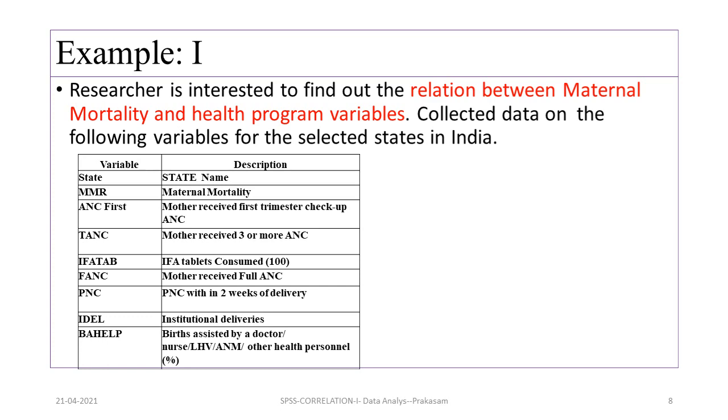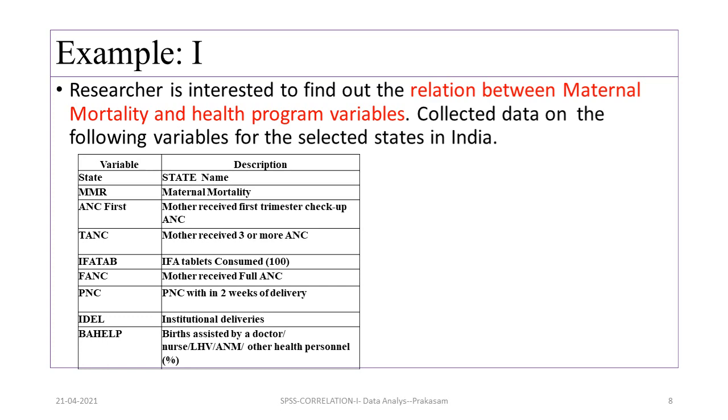Another one is maternal mortality; ANC first, the women who had a first trimester checkup for antenatal care; TANC, mother received 3 or more antenatal care; IFTAB, IFA tablets consumed 100 or more; FANC, mother received full ANC; PNC, postnatal care within 2 weeks of delivery; IDEL, institutional delivery; BAHPLP, birth attended by a doctor or a health worker.